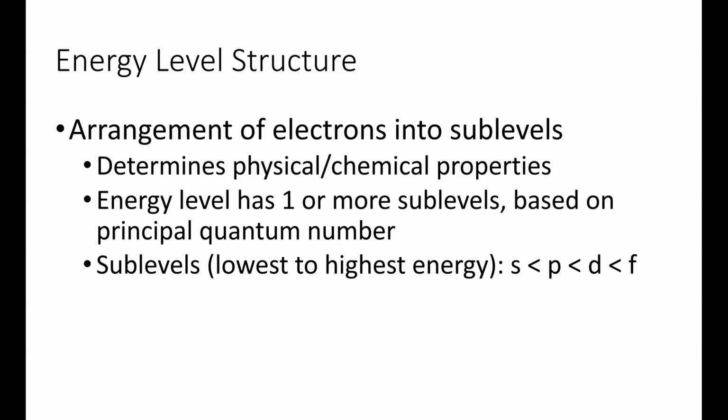Within each of these energy levels, the electrons are arranged in sublevels. These determine the chemical and physical properties that we see of various elements. The sublevels are depicted by S, P, D, and F. We're going to be focusing on the S and P sublevels. S levels have the lowest energy, F the highest.